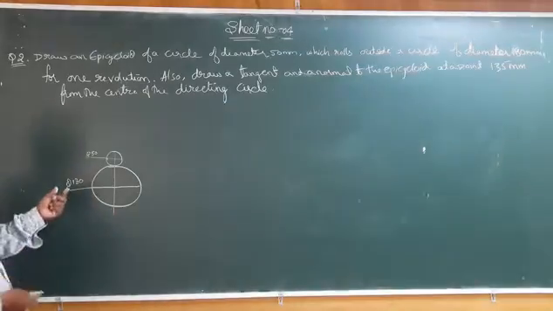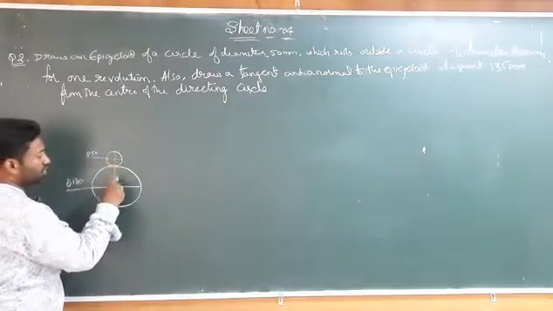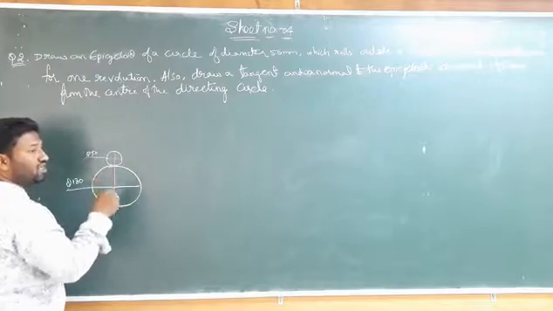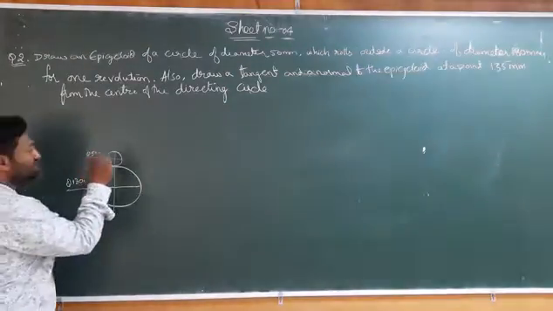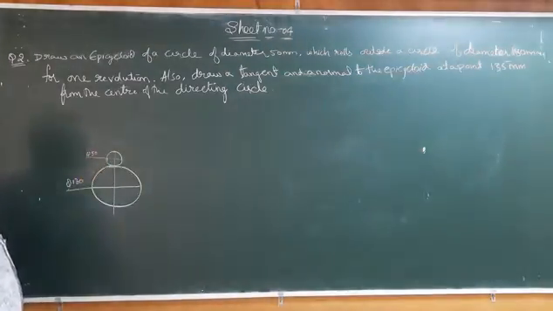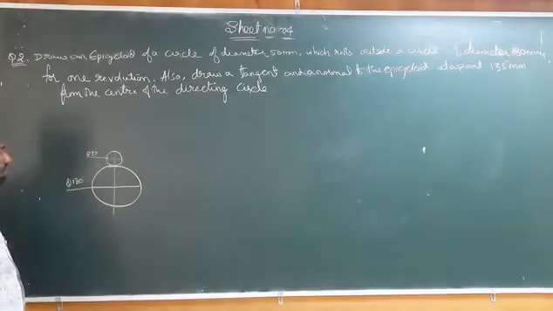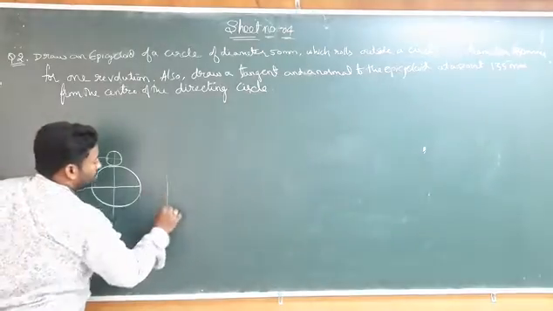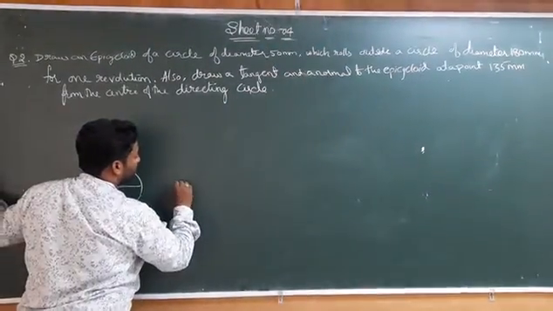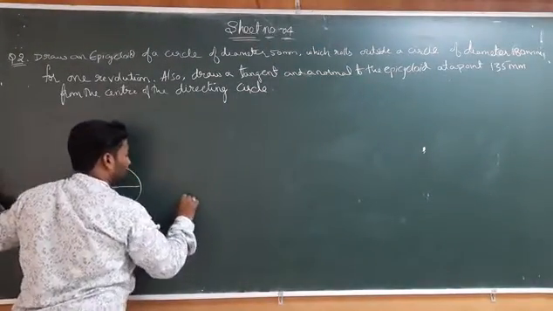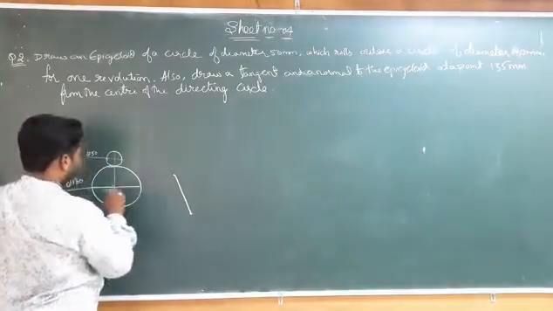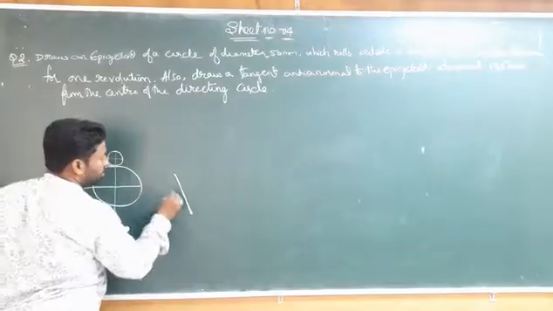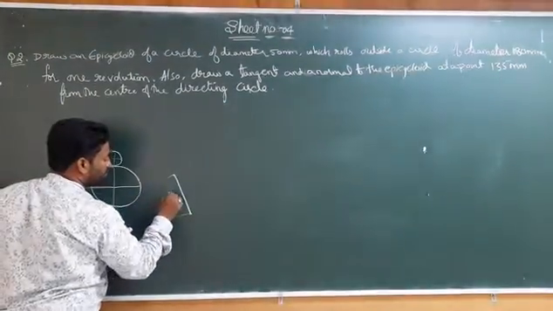Whenever a smaller roller rolls on the bigger roller for one complete revolution, what is the angular distance covered by the smaller circle? That we have to find. From the center of the directing circle, I am taking half of the 180 mm, that is the radius, suppose 90 mm.